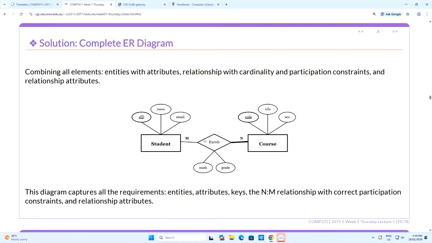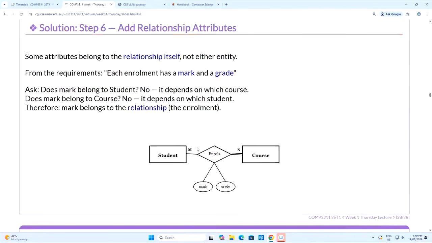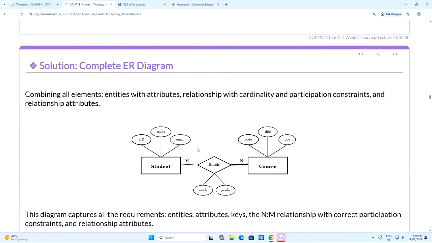I'm just trying to understand the arrows more. If you said a student can only enroll in one course, where would you draw the arrow for that? If the student can only enroll in one course, then we should draw the arrow on the course side.